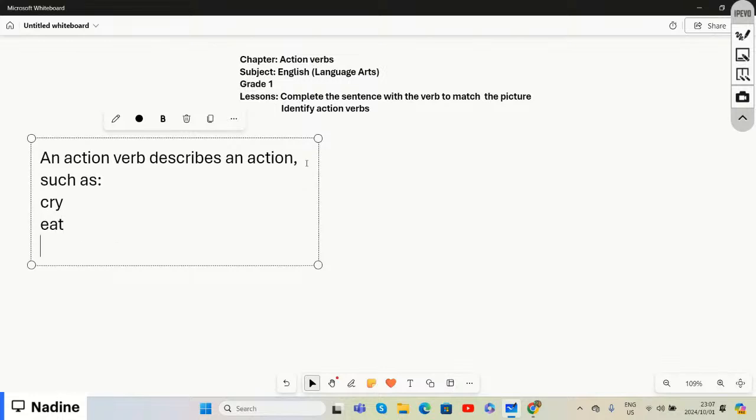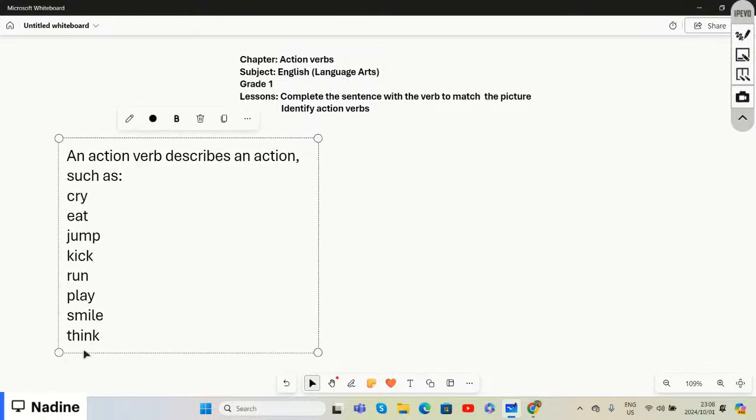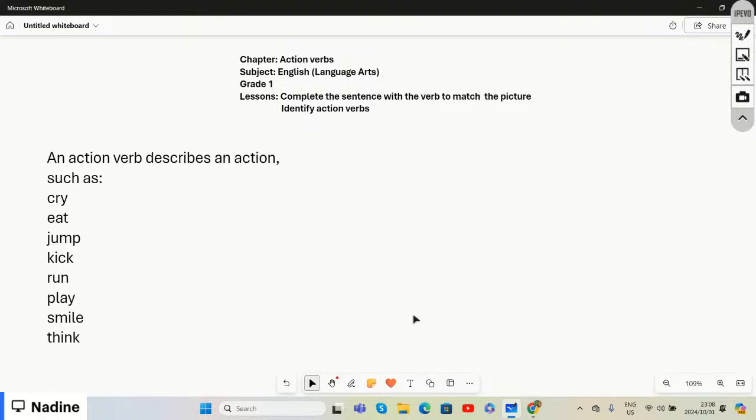To eat, that's an action verb. When I jump, it's an action verb because it's a doing word. To kick, because it's something that I'm doing. Run, play, to smile, and even to think, that is an action verb. So these are but a few examples of action verbs.